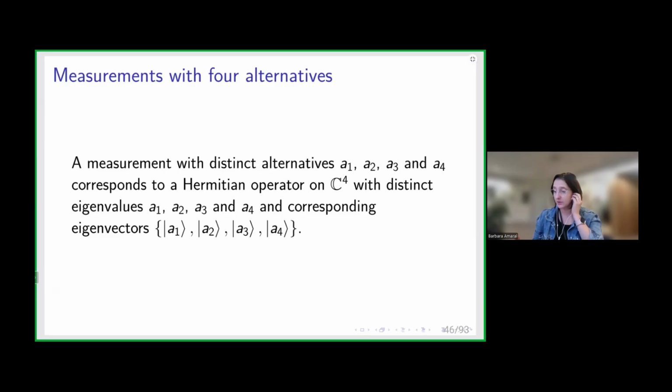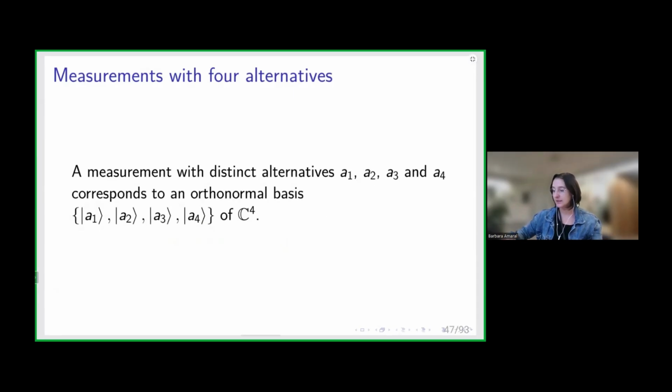So we have distinct eigenvalues, and you have the corresponding eigenvectors. Here, each one of them generates one of the eigenspaces of this observable, eigenspaces with one dimension, okay? In this case, things are simpler because all we care about is this basis here.